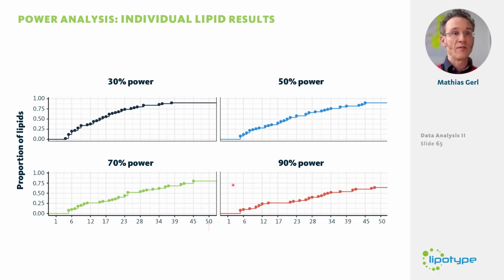But if you want to have this for 90% power, you might need a way higher number. Good. So that's a setup that one could use for doing power analysis for a lipidomic analysis and find out how many replicates you need.